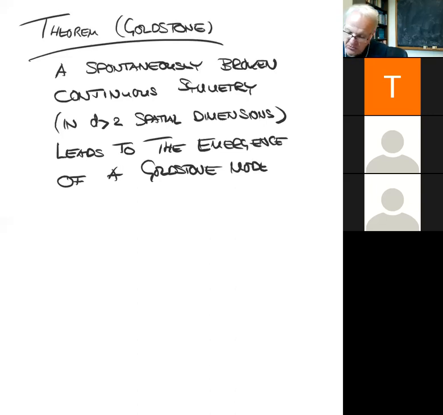And again, a Goldstone mode is simply some kind of excitation where the frequency is proportional to the wave number, if the wave number is sufficiently small.